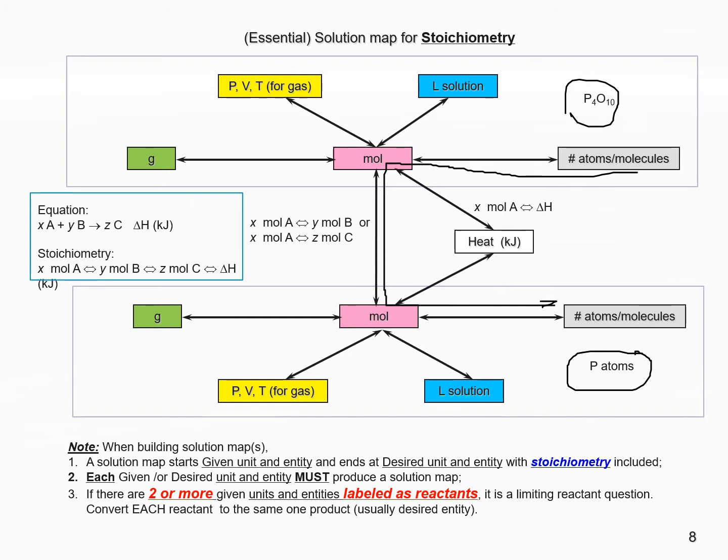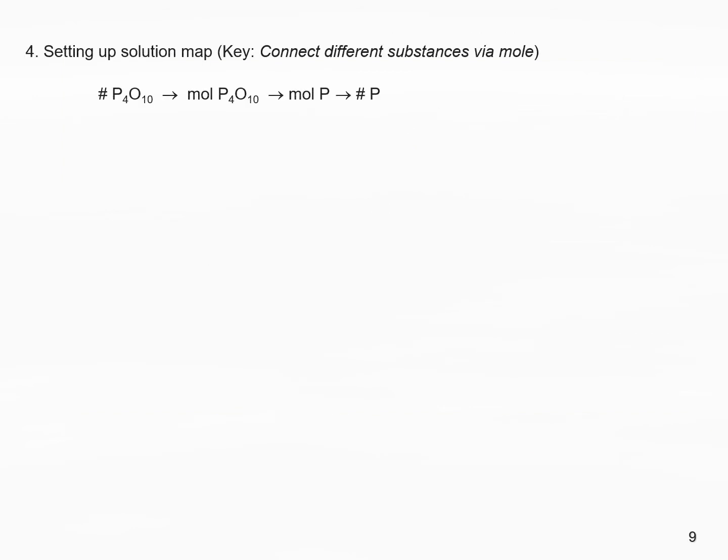So remember, numbers to the moles, that's for P4O10, moles to the number, that's for the phosphorus atom. This is exactly what we write down right here for the solution map: number of P4O10 to the moles of phosphorus to the number of phosphorus.